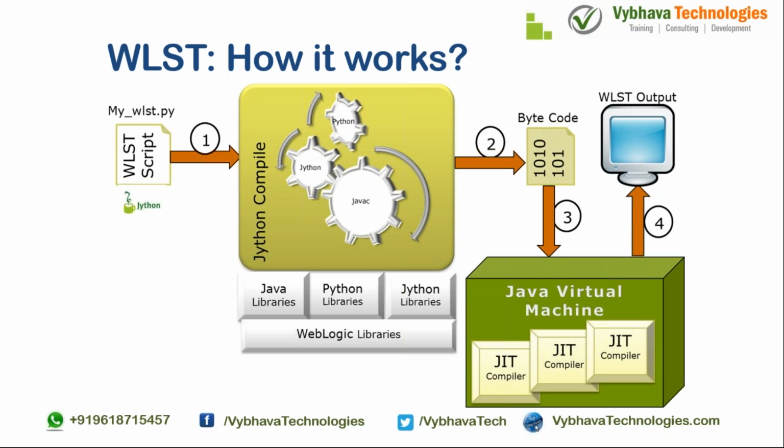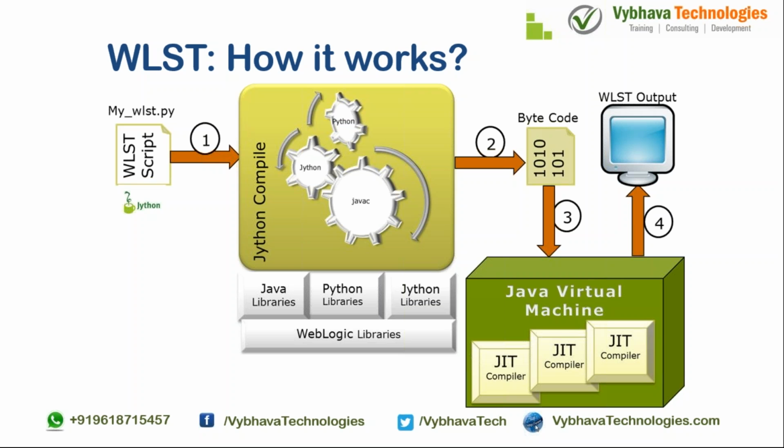These are in the WebLogic server installation directory, in the server directory, which has a lib directory. Those libraries connect directly to your WLST. So whenever you start WLST the first time, it connects all these four libraries: the Java library, Python library, Jython library, and WebLogic libraries. That's why it takes time when you are launching WLST.